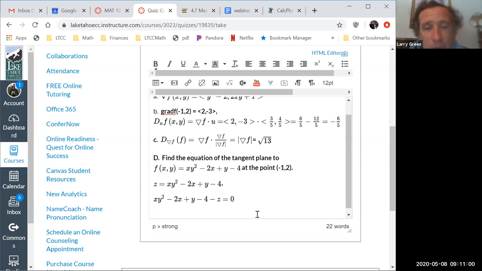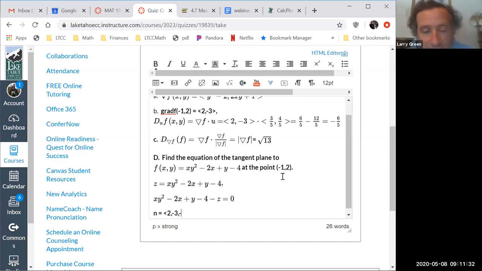Now I can find the gradient. And the nice thing is whenever you do this, if you have a function like this, the third coordinate of the gradient in 3 variables is always just -1. Got it? So what we can say is our normal vector is going to be equal to, well, we already found the gradient at that point, which was 2, -3.